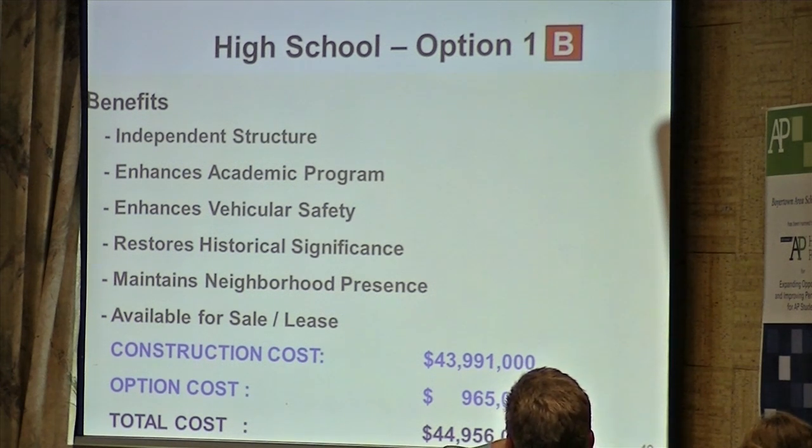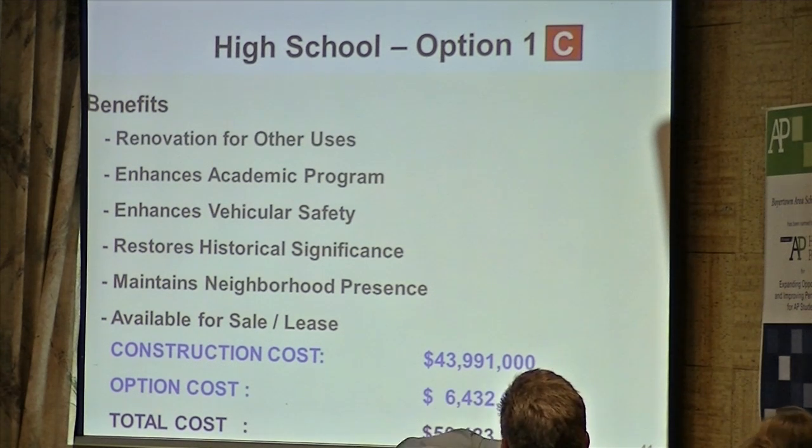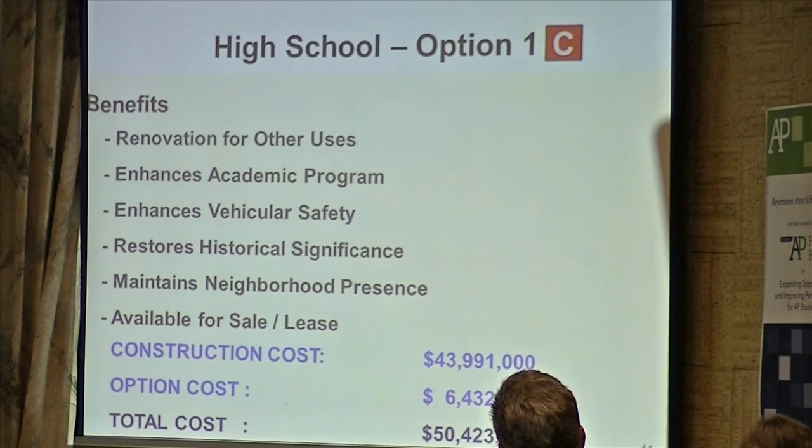It keeps that sort of order and neighborhood presence. And the building could be available for sale or lease to an organization or the school to use it. And there's a construction cost of doing that. And then option C is similar to option B because the building remains as an independent structure.